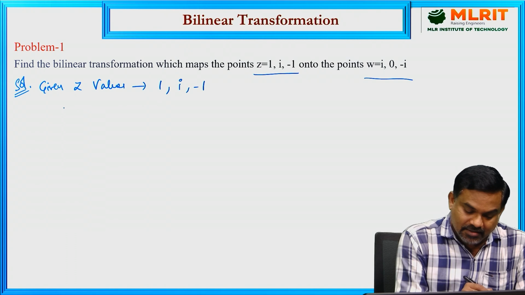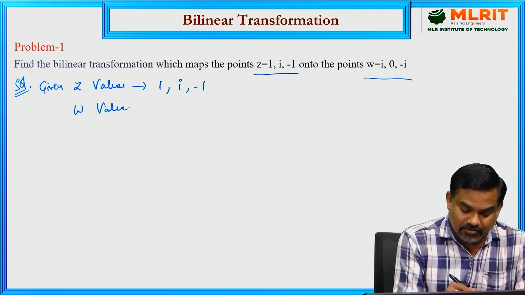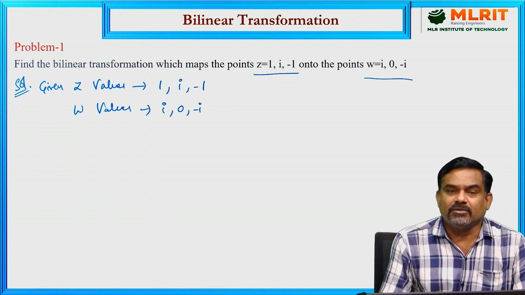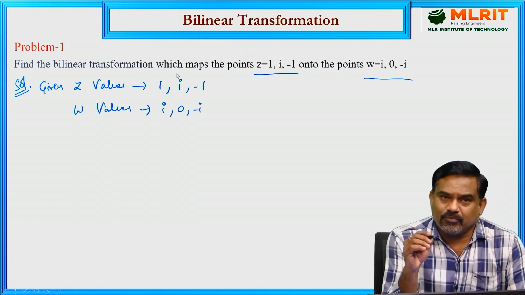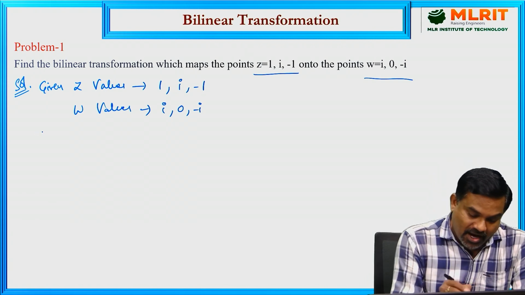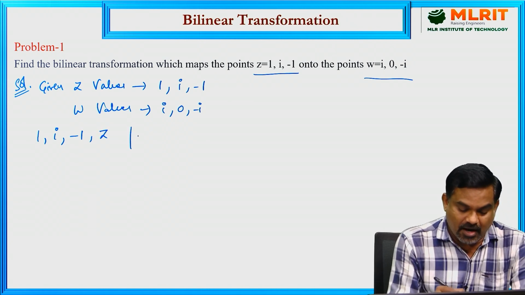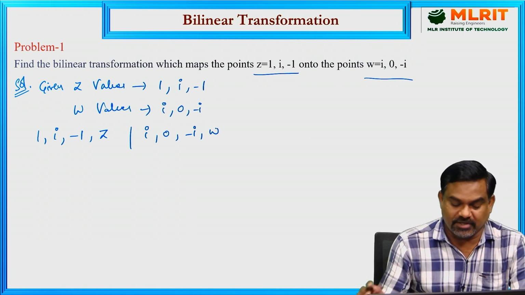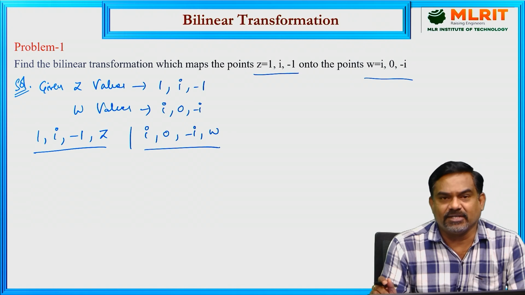The W values are also given: i, 0, minus i. Now, to use the cross ratio property, we should have 4 points. That is why I consider the fourth point of Z as Z and the fourth point of W as W itself. So these are the 4 points of Z and these are the 4 points of W.